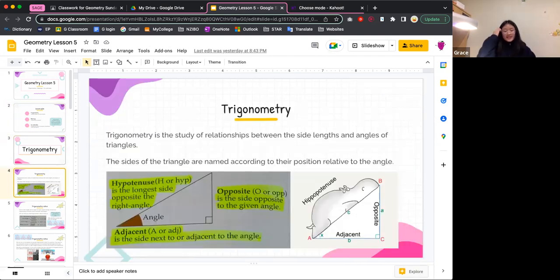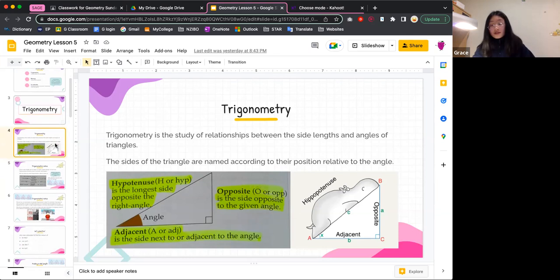Okay, trigonometry. You've probably heard of this word before, but what exactly does it mean? It's the study of triangles, and basically there are sides and angles, and we can figure out the side length of a triangle if we're given some specific information about it.